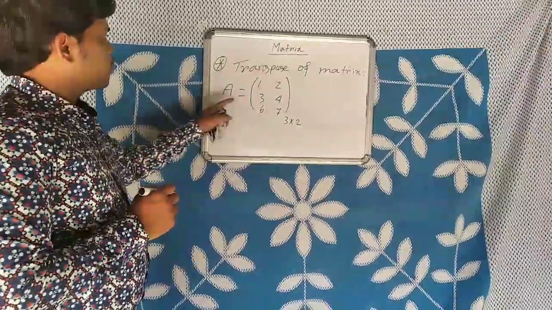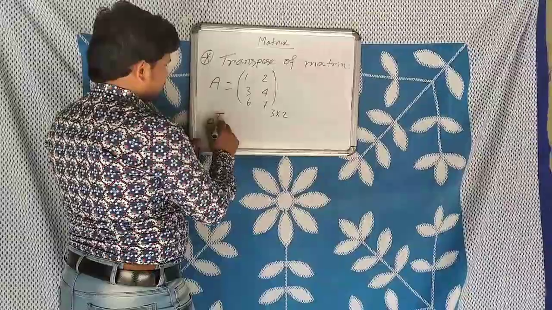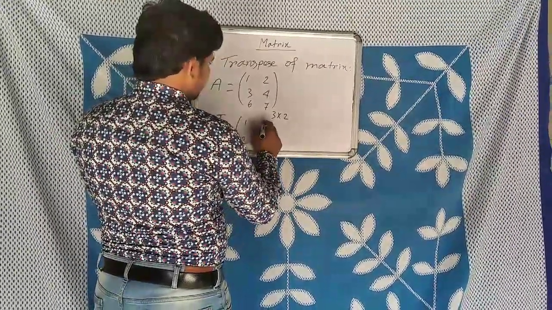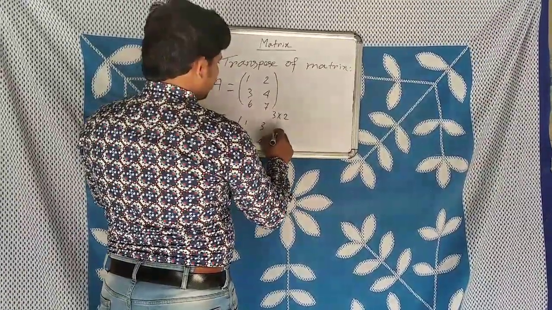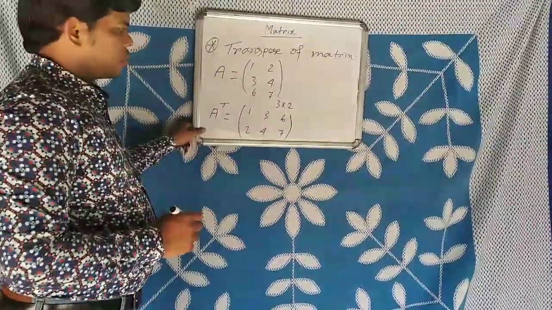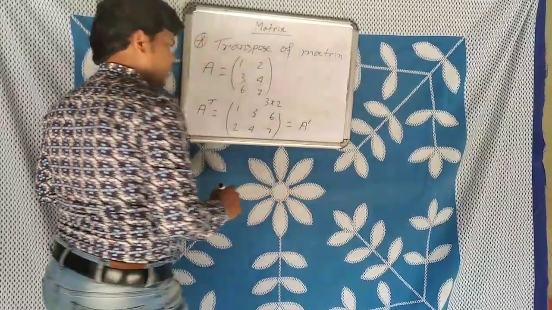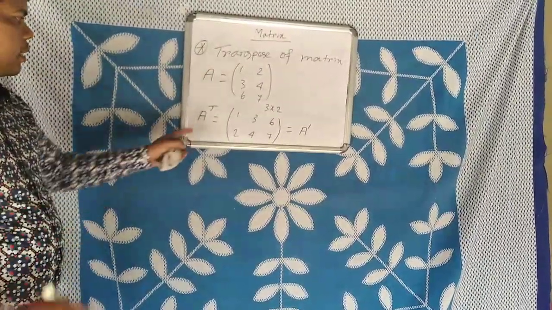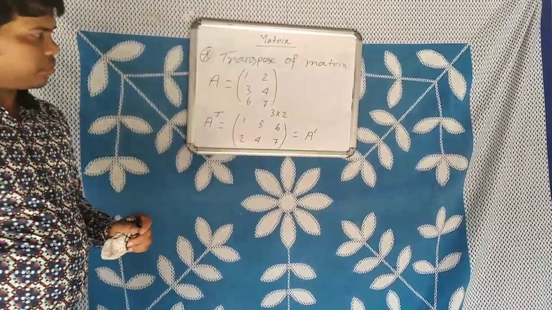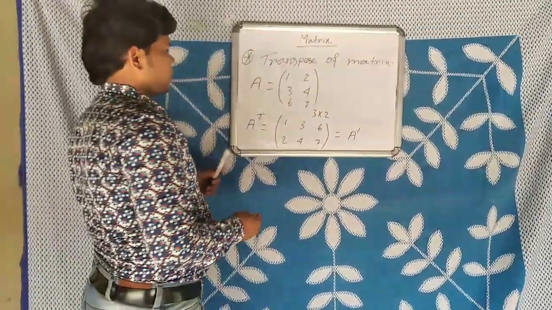So what will be the transpose of this matrix capital A? Transpose is denoted by this: 1 3 6, 2 4 7. This is called A transpose, or you can write it this way, A dash. These are the symbols of the transpose of a matrix capital A. So this is called transpose of a matrix.